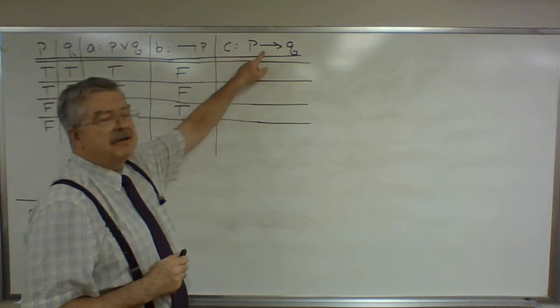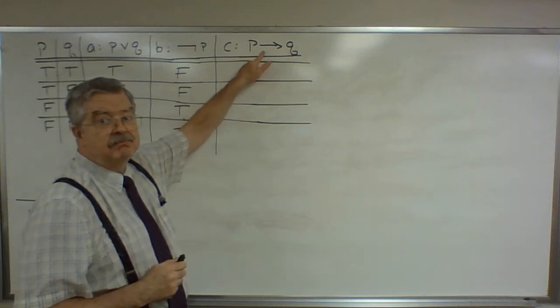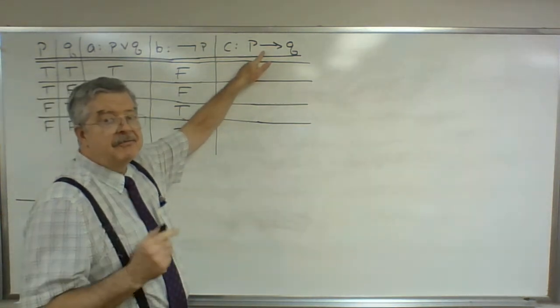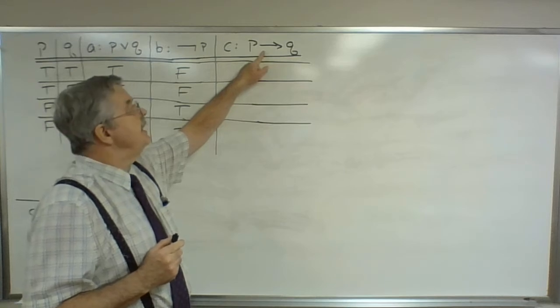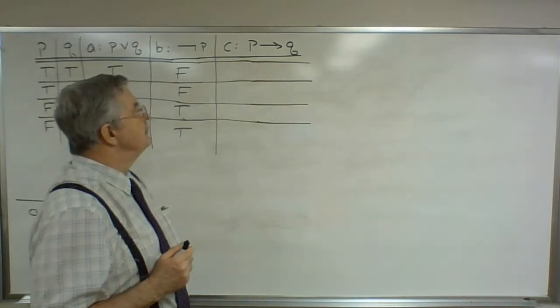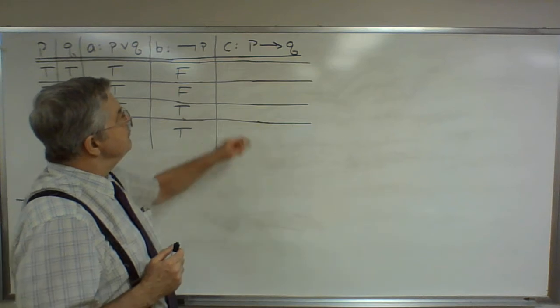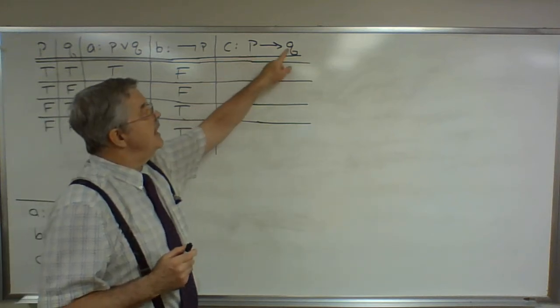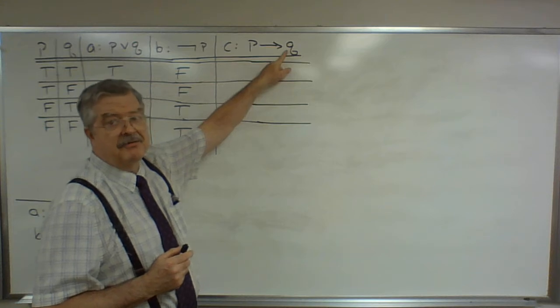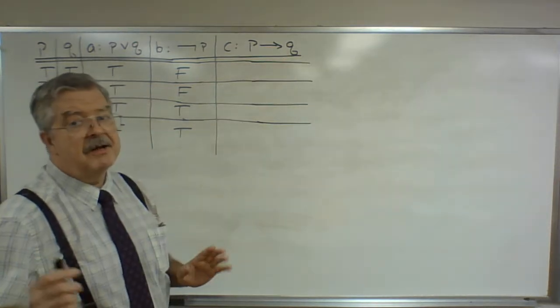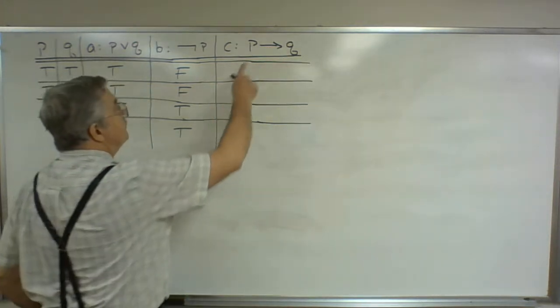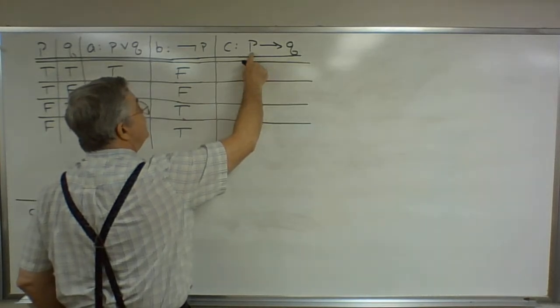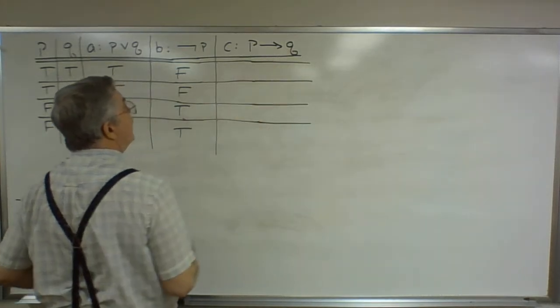What's the special case for the conditional statement P implies Q? The special case is if we have true implying false, then it's false. All the other times it's true. So this is false when we have P true and Q false.